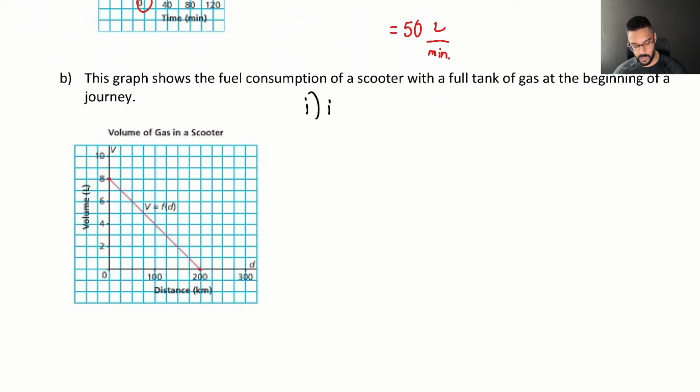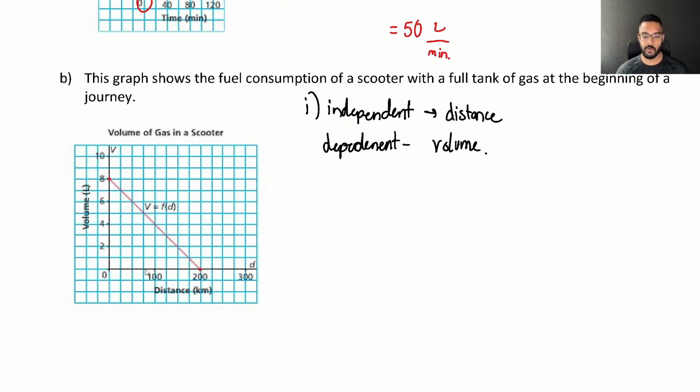We have independent, that's going to be our distance, and our dependent is the volume. The farther I travel, the less volume of gas I have. So that volume is dependent on the distance traveled.